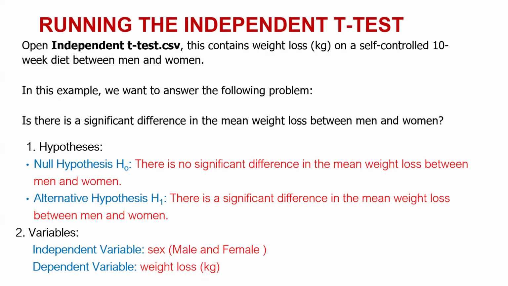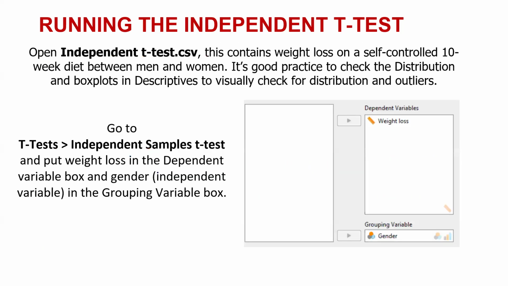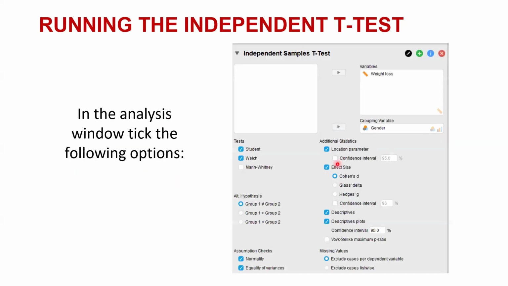Now, running the independent samples t-test using JASP, in that video we are going to proceed with the process of running it. Here, we transfer weight loss into the dependent variable, and gender will be in our grouping variable. These are the things that we need to include in our analysis.